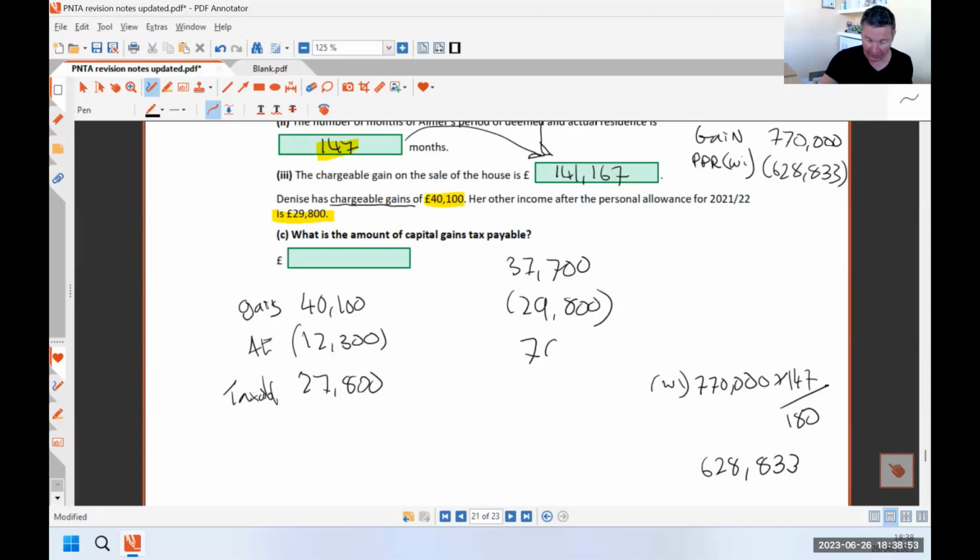Take that off, gives us 7,900. So the first £7,900 of her taxable gains is going to be taxed at 10%, which gives us £790.